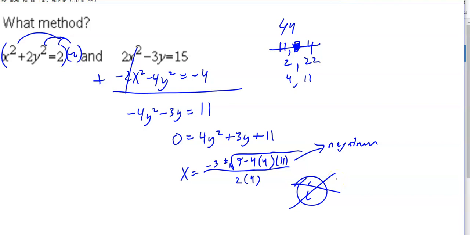I'm only looking for real solutions right now. We're trying to find ordered pairs on the graph. So in this one, those two shapes, one's probably a parabola, the other is probably an ellipse, and for some reason they don't touch at all. So they don't have any intersection points.